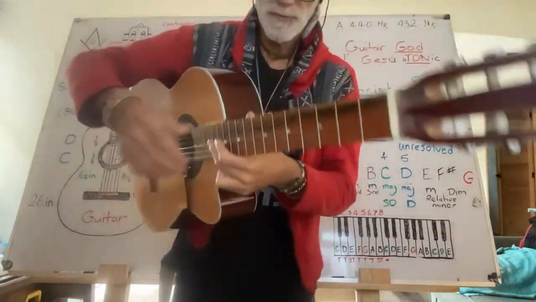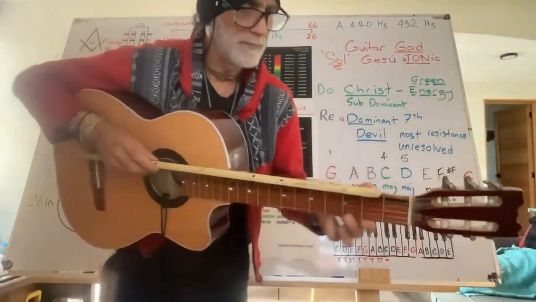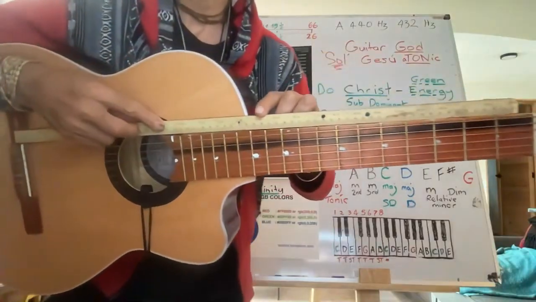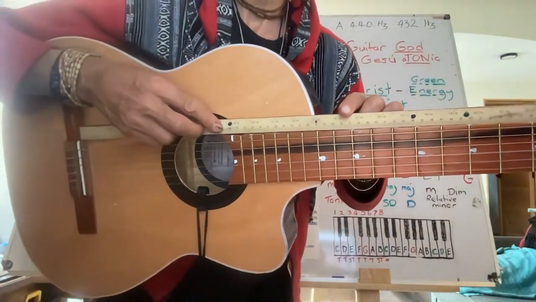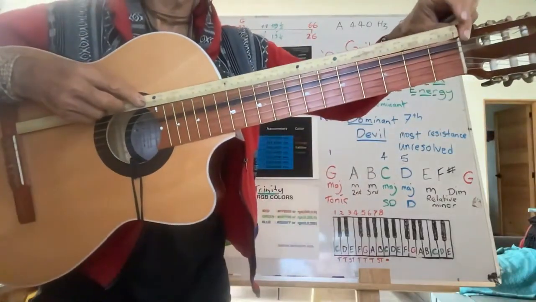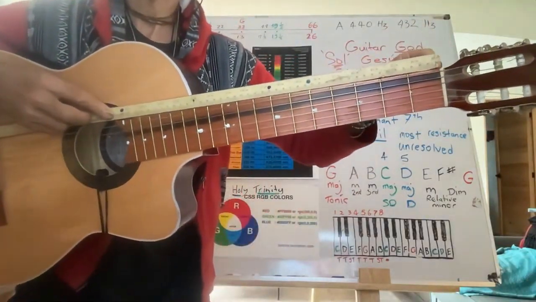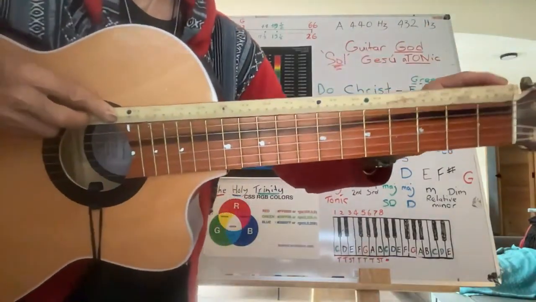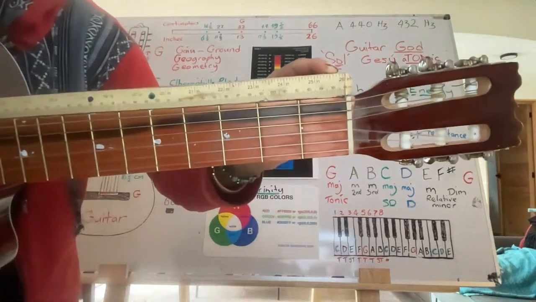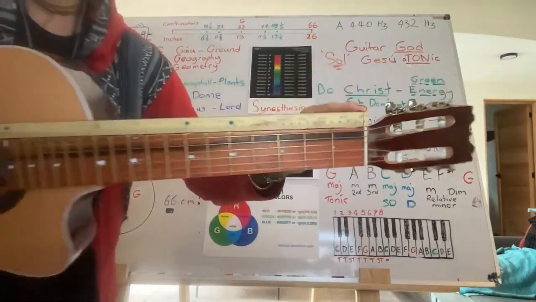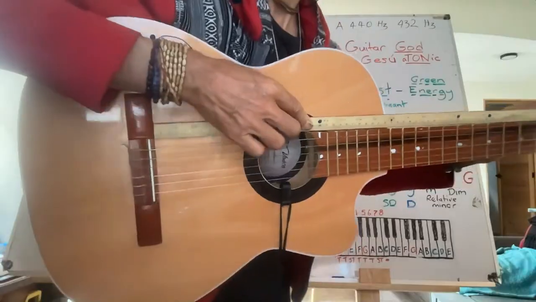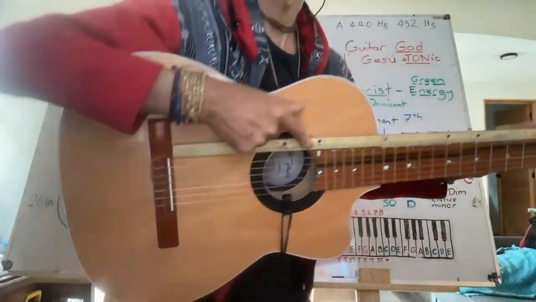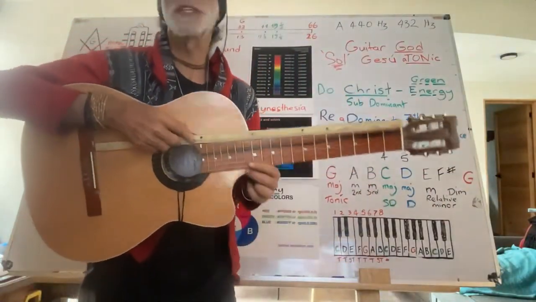So let's test my theory about the measurement. So you can see I've got over here 66 centimeters. And all the way to the saddle, okay, this is actually a little bit longer than 66.